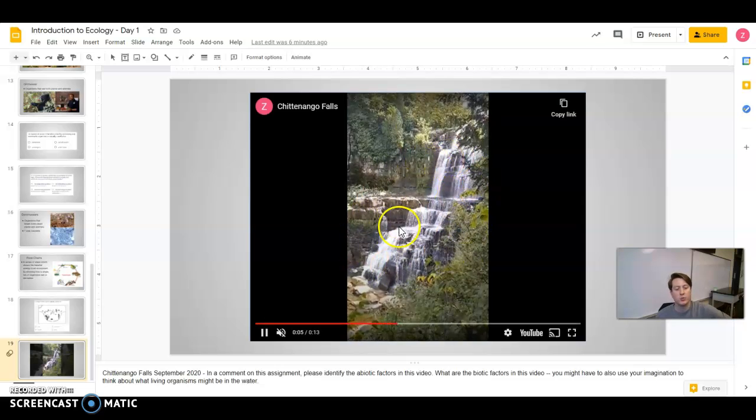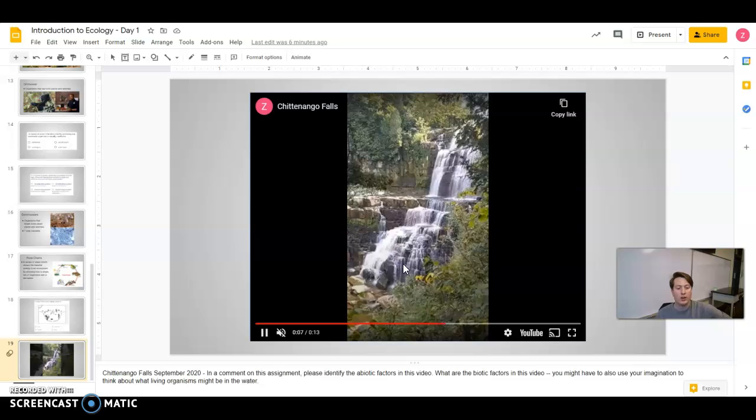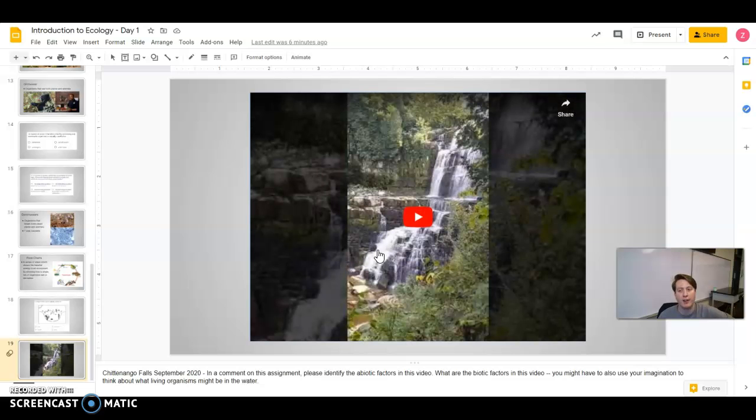Factors in this waterfall that are not living. And then look around. You can also see some biotic factors, some living factors. And then dive deeper. Use your imagination. Think about other biotic factors. What might be living in the water? What other organisms might be around or buzzing or flying around?